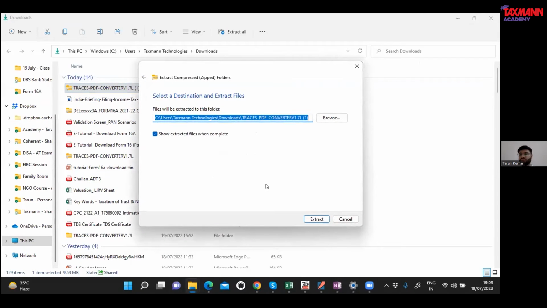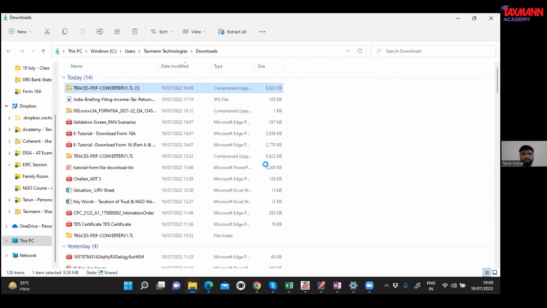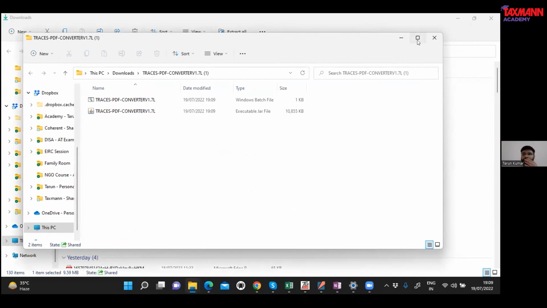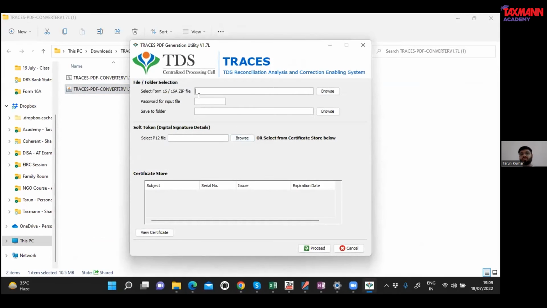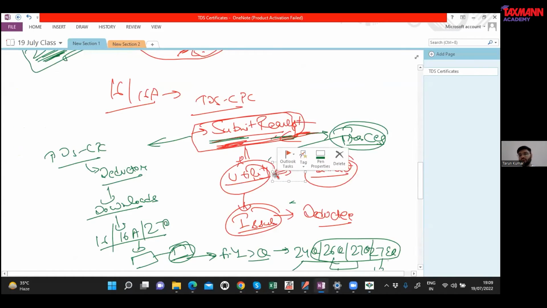It is in a zip folder, so I'll extract that. This is the Java file which you need to open. This is the utility through which the certificates will be extracted. So this was the second step in our process of downloading and issuing TDS or TCS certificates.